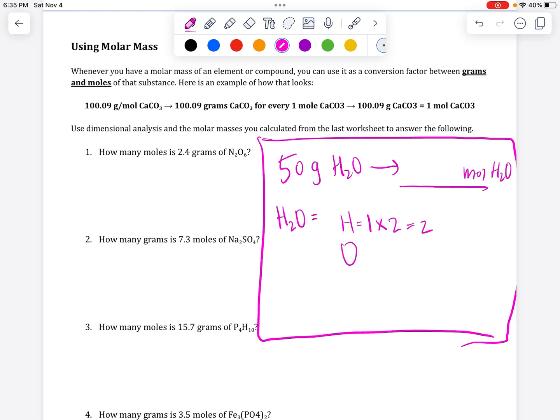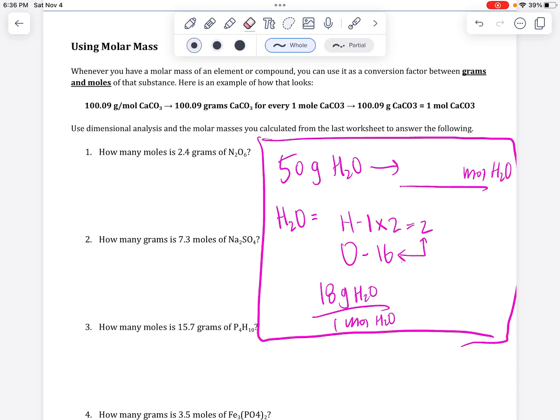And what about each oxygen? Each oxygen is 16 and there's only 1. So if I add these two numbers, that'll give me the overall molar mass of water. So that is 18 grams of water is going to be 1 mole of water.